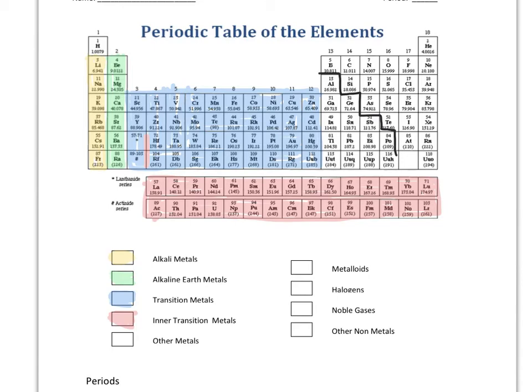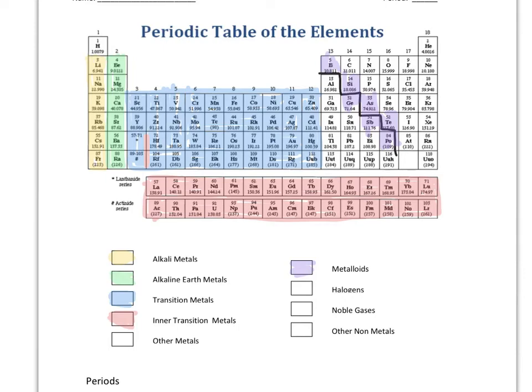So I'm going to go ahead and color my metalloids. I'll do them purple. So boron, silicon, germanium, arsenic, antimony, tellurium, and polonium here. Okay.